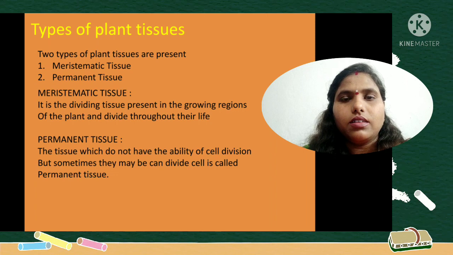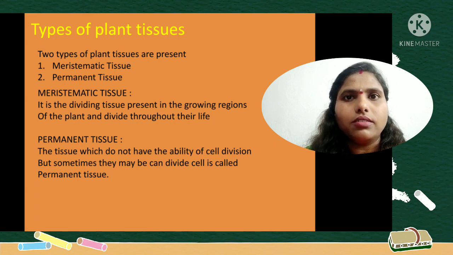Here the next topic is types of plant tissues. Two types of plant tissues are mainly present. One is meristematic tissues and the next one is permanent tissues. What is meristematic tissue? The tissue which has the capability of dividing in growth regions in various plant parts is called meristematic tissue.